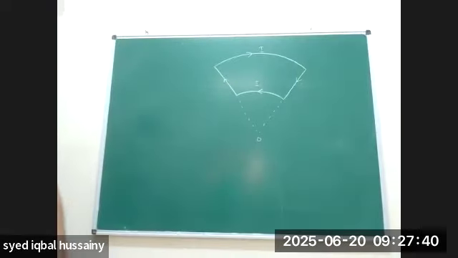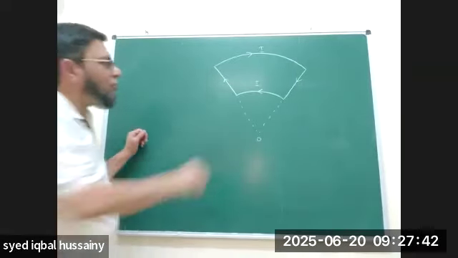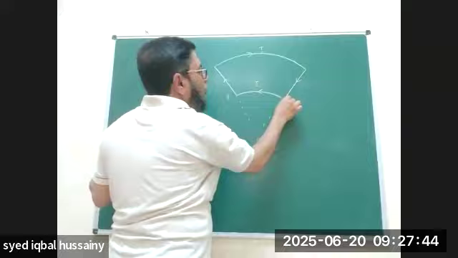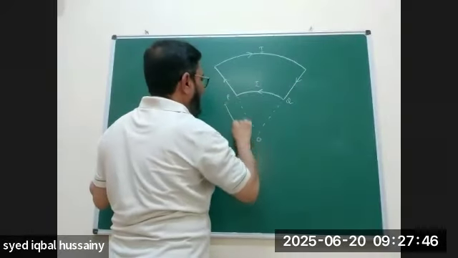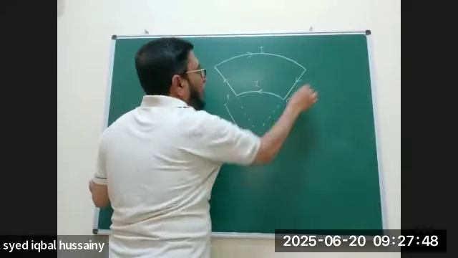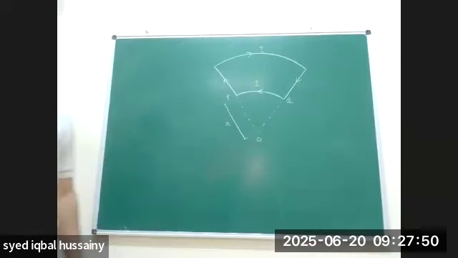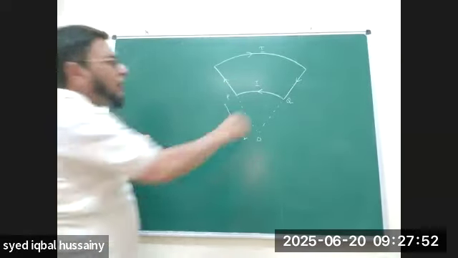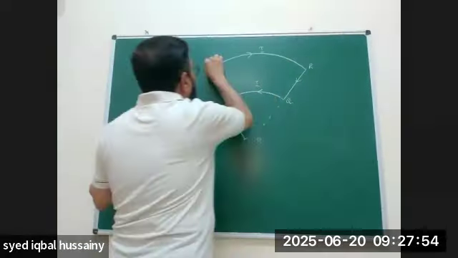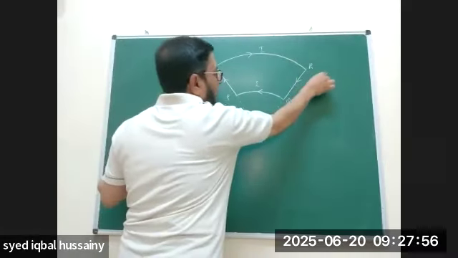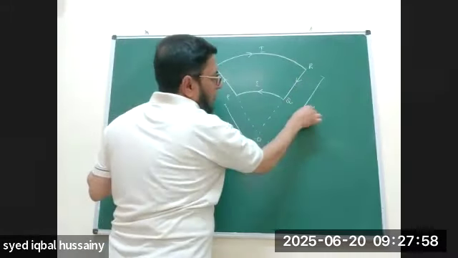The distance of PQ, the radius of PQ is given, and the radius of RS is given, B is given.